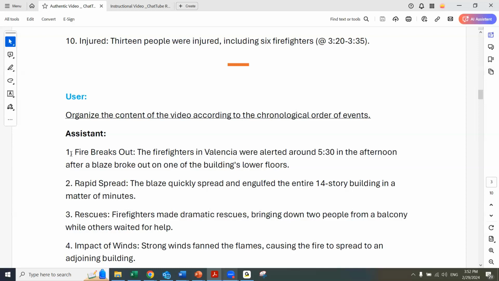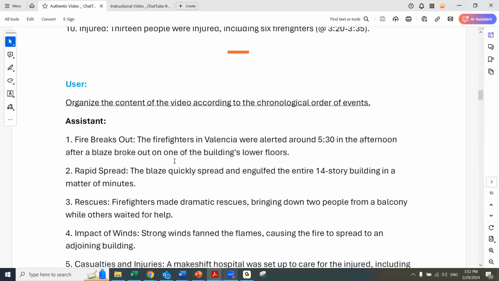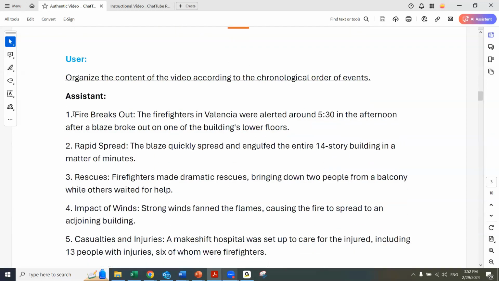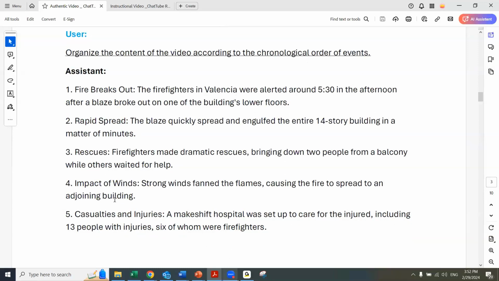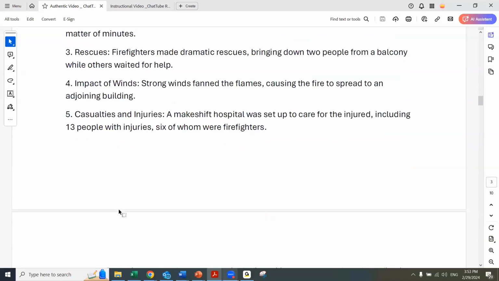I just thought it could be a good reference material for instructors. And it also did a pretty good job because it gave you short summaries, like fire breaks out, and then a little bit more detail for each phase. So it's like 3 to 5 phases.